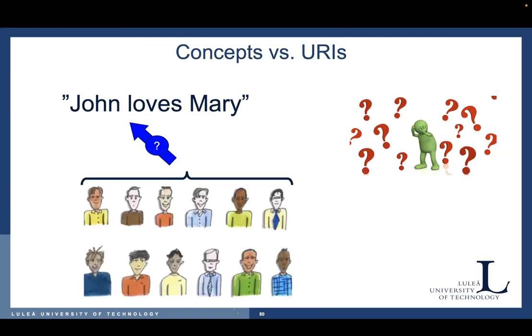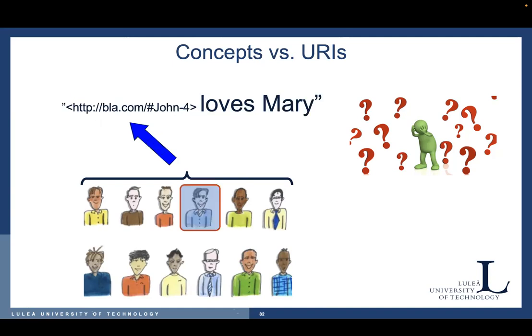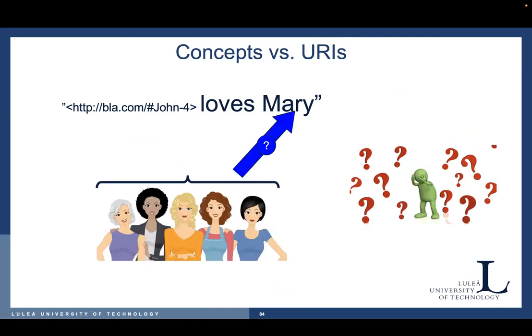We need to very specifically say which John, for example, loves which Mary, and what loves means in this very context. So we need to explicitly indicate where to take the definition of John, by specifying the exact location of this definition. The same goes for Mary.